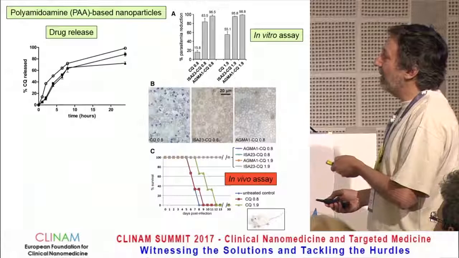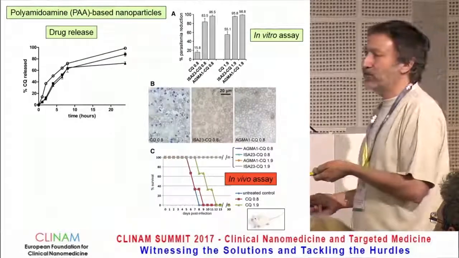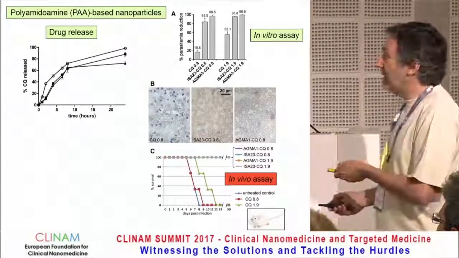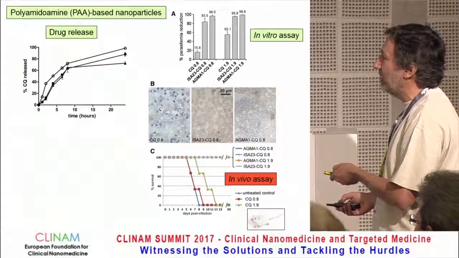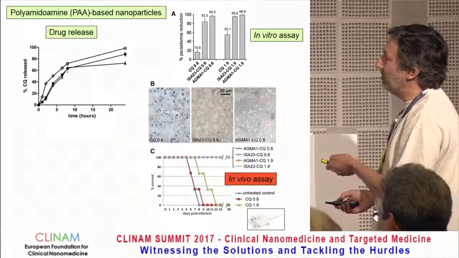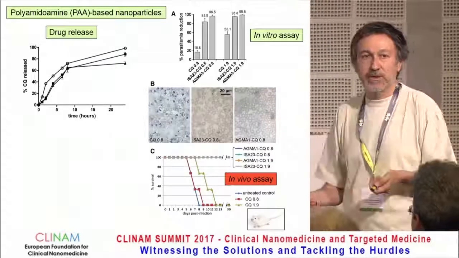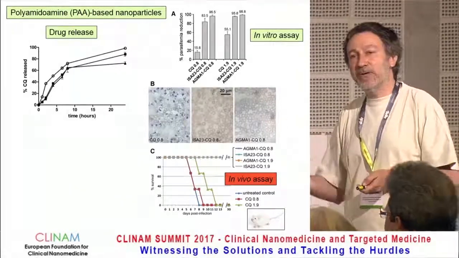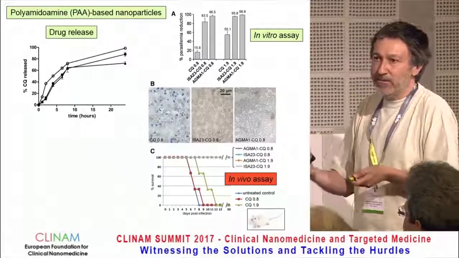The thing is that these very good in vivo results, this is chloroquine, which as you know is one of the best antimalarial drugs, and at a concentration that chloroquine was incapable of curing the animals, encapsulation of chloroquine in these polyamidoamines was able to cure the mice. And actually, the result was too good for what we expected, so it could not be explained simply by good targeting.